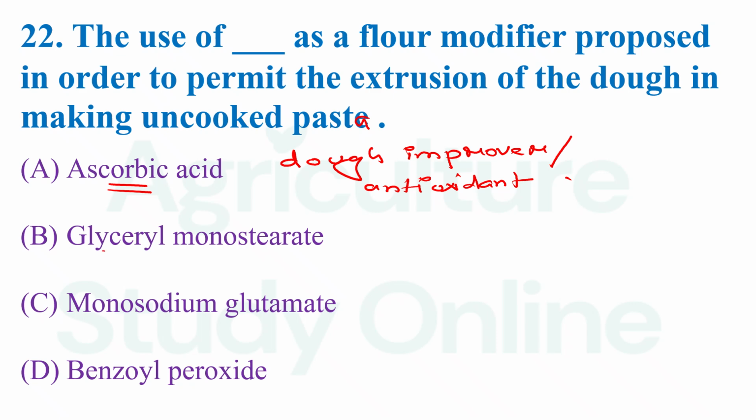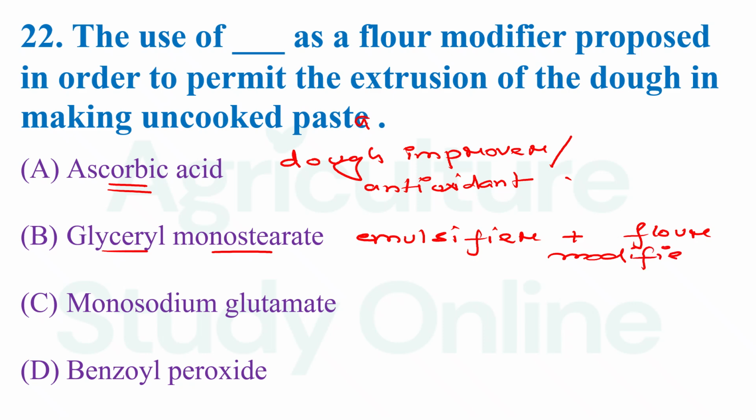Next, glyceryl monostearate. It acts as an emulsifier and as a flour modifier. Basically, it is used in uncooked pastas, so this is our correct option.